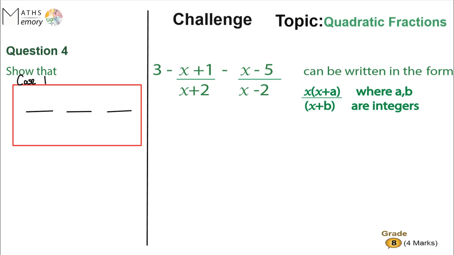So we have the minus sign over here and the minus sign over here as well. Okay, so you'd have your denominator as, if you imagine this as a 1, obviously under here, your common denominator would be x plus 2 and x minus 2 as well.